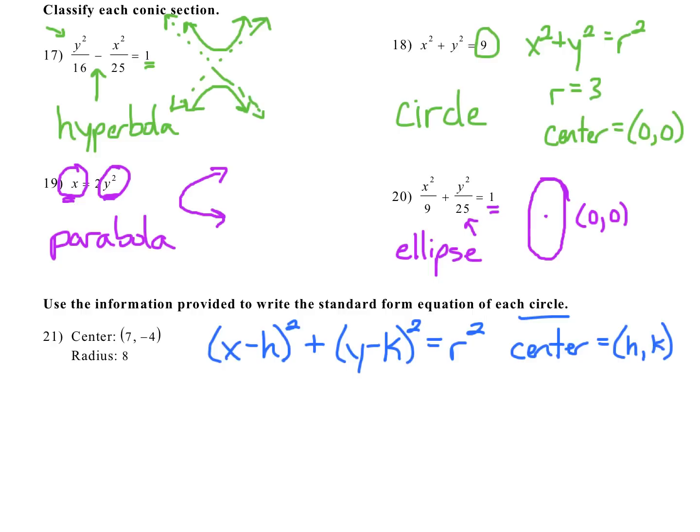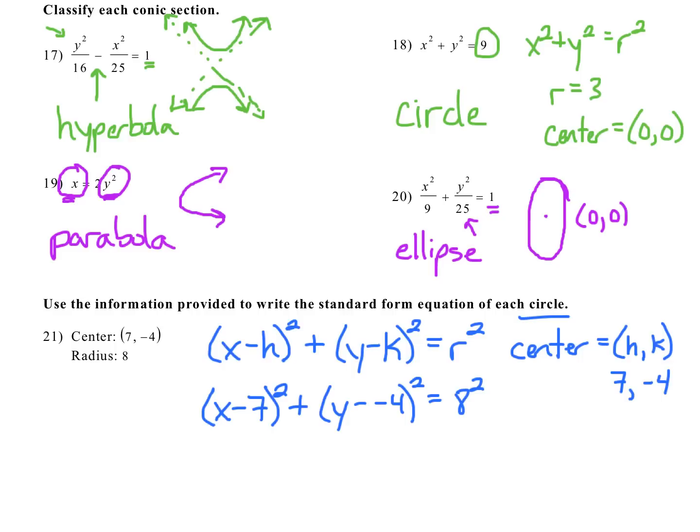Well, my center is at 7 comma -4, so all I'm going to do is plug those in. So I get x minus 7 squared plus y minus negative 4 squared equals 8 squared.